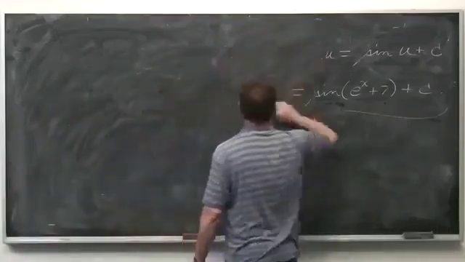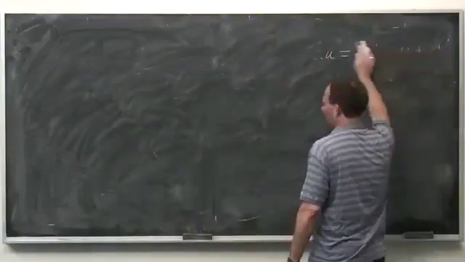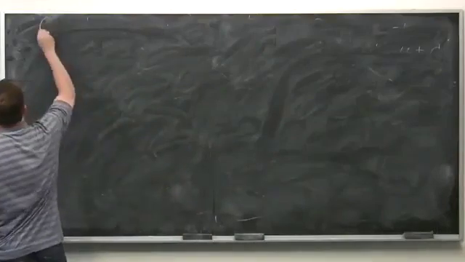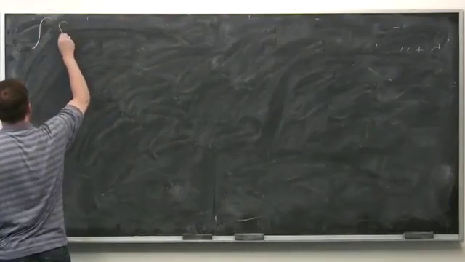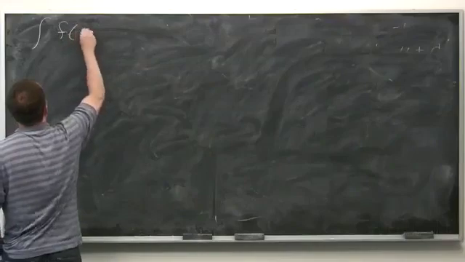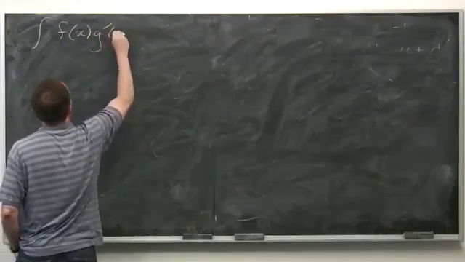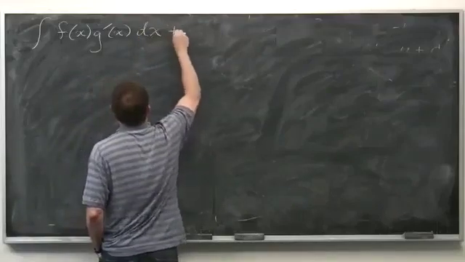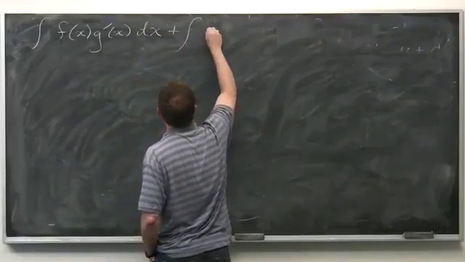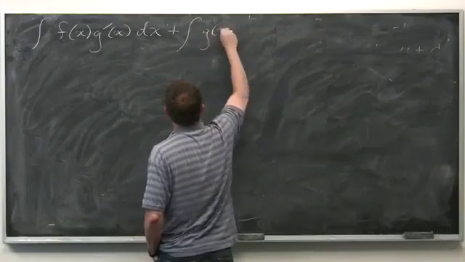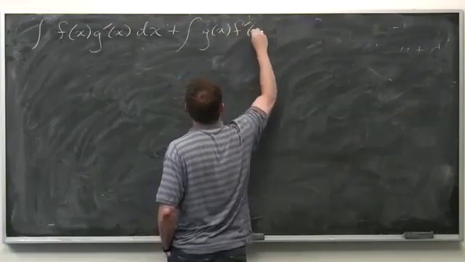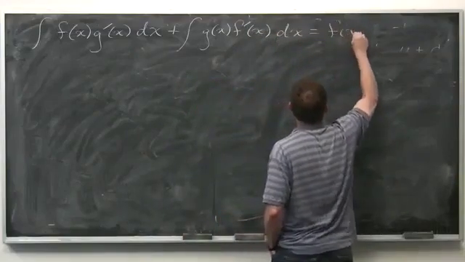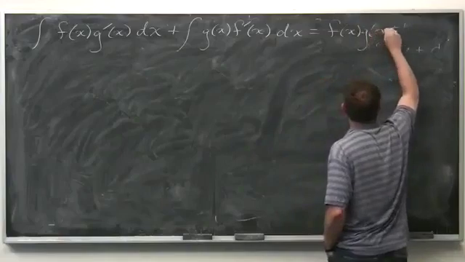So the product rule in reverse just says that if you take this antiderivative and add this antiderivative, you should get f of x times g of x plus c.